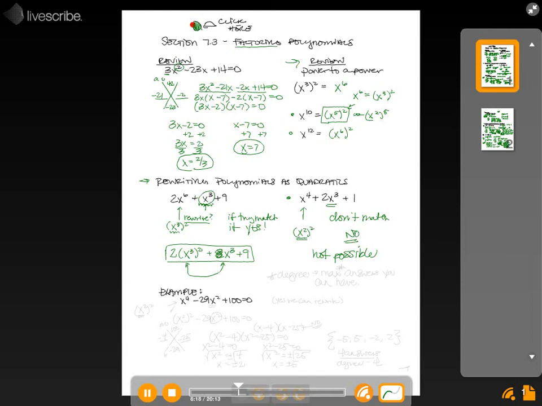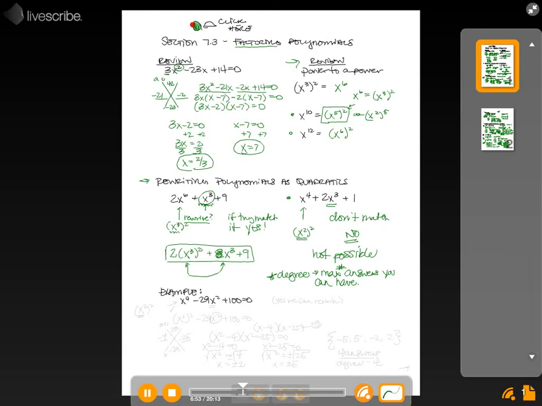Before we get there, one thing to remember is that the degree, and we've talked about the degree before, remember that's the biggest exponent, is the max number of answers you should have. And they may be real, they may be irrational, they may be complex, they may be rational, it depends, but you can have at most that many answers.